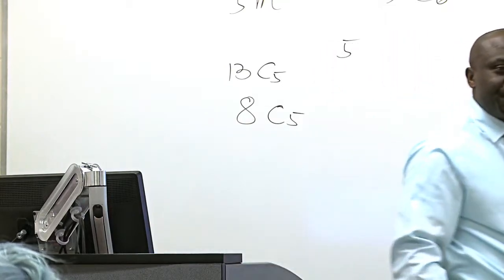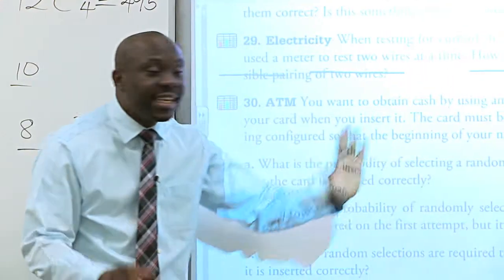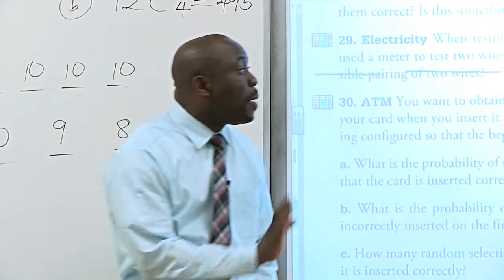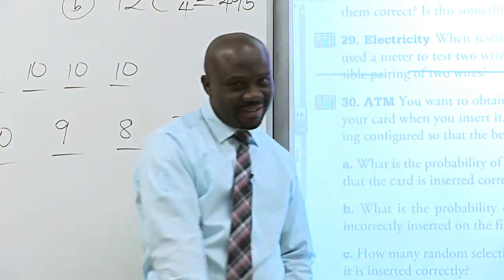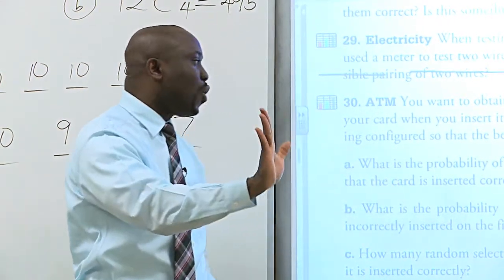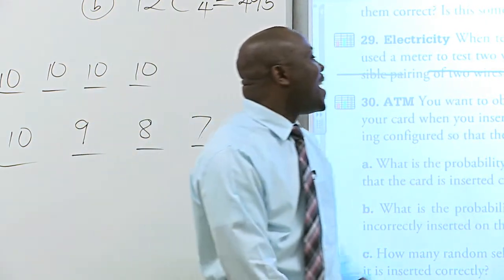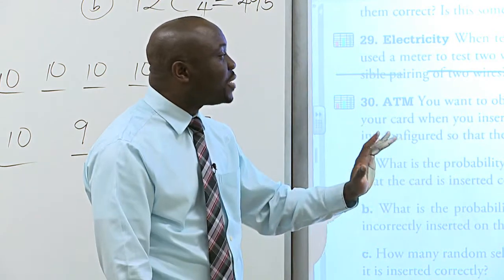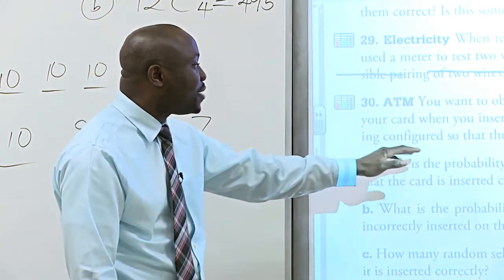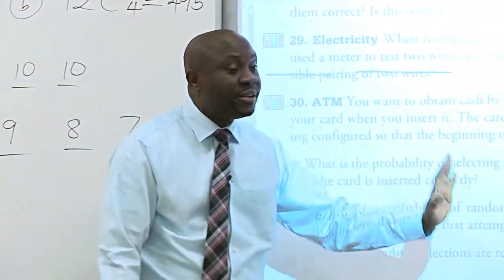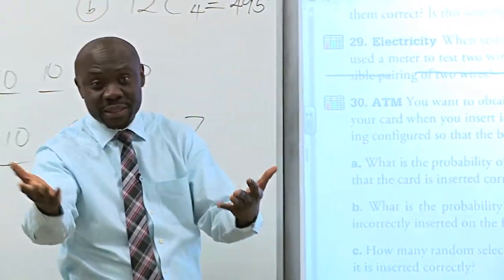Number 30, you want to obtain cash by using an ATM machine. But it is dark and you can't see your card when you insert it. Are we good? The card must be inserted front side up and the printed configuration so that the beginning of your name enters first. That's why you do it all the time.